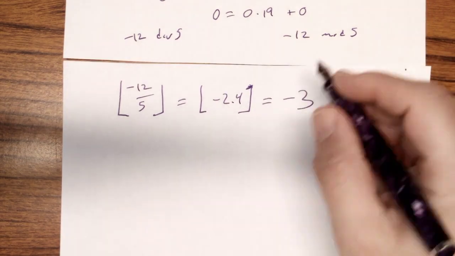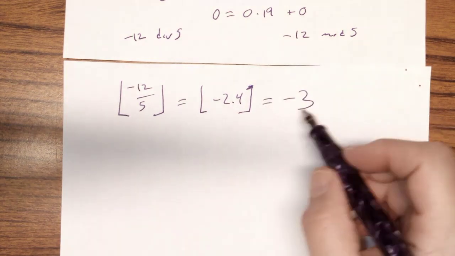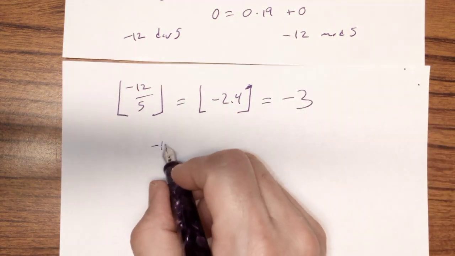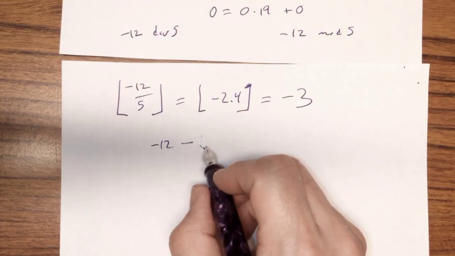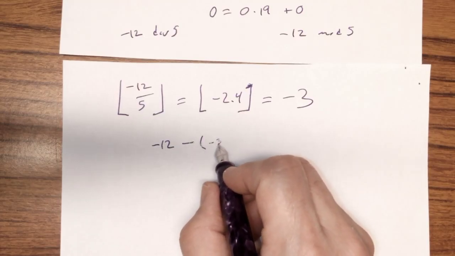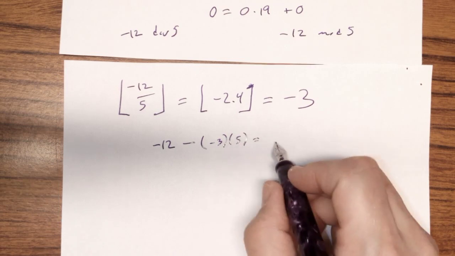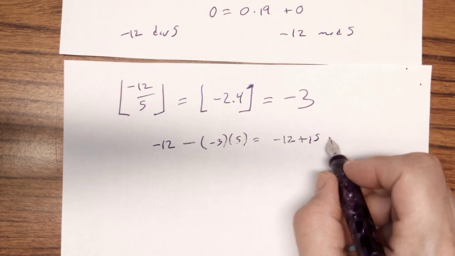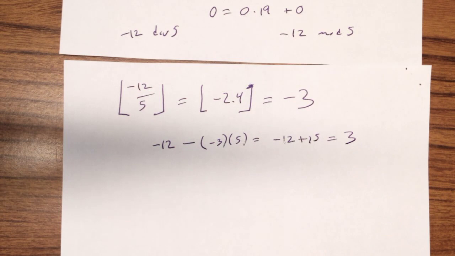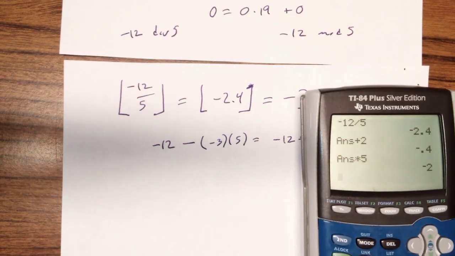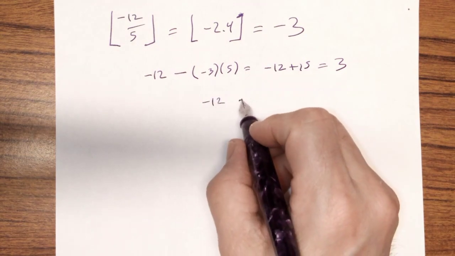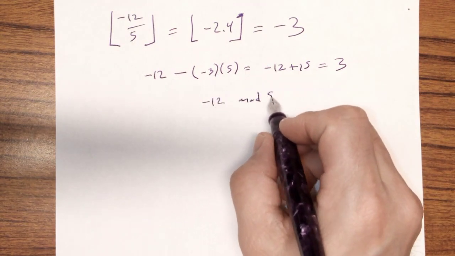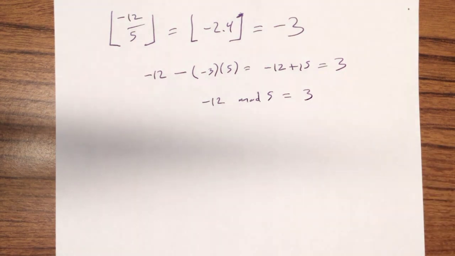So the quotient is negative 3, minus negative 3 times 5. Negative 12 plus 15 is positive 3, not negative 2. So negative 12 mod 5 is a positive number.